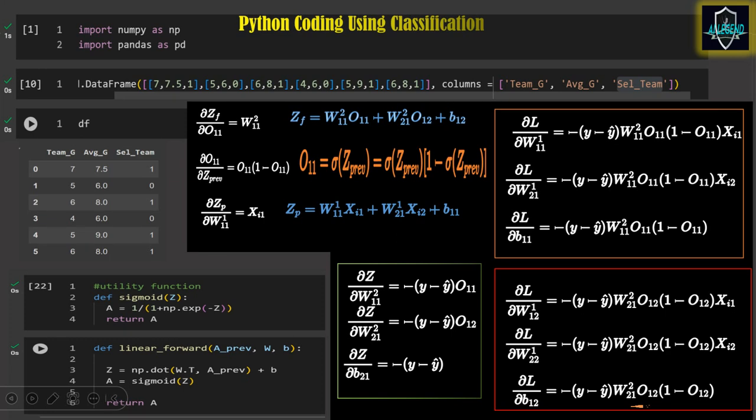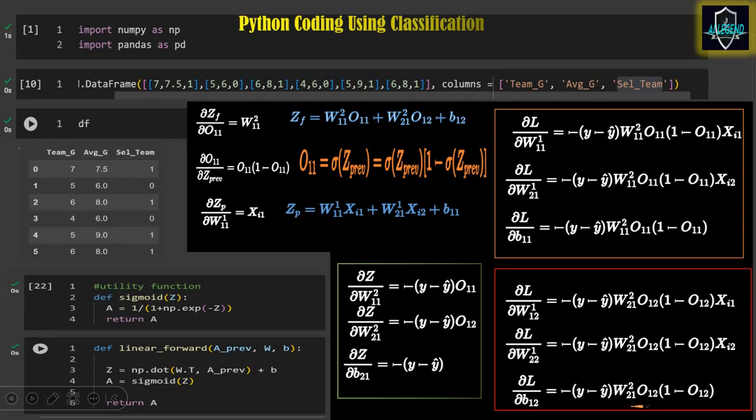So first one was del z over del W211 is equal to minus (y minus y hat) multiplied by O11. Second equation is del z over del W221 is equal to minus (y minus y hat) O12. Then third, the bias equation, del z over del B21 is equal to minus (y minus y hat).